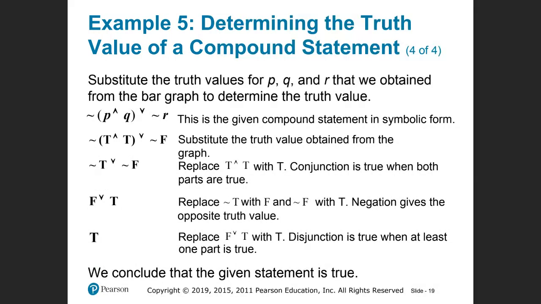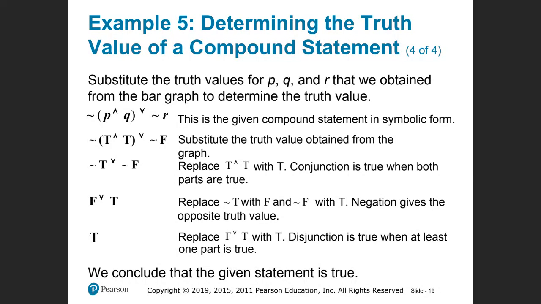We're going to substitute the truth values of P, Q, and R that we obtained from the bar graph to determine the truth value. So we have written the compound statement in symbolic form. Notice the parentheses. We're substituting the truth values obtained from the graph. So we found that P is true, Q is true, R is false. Okay, we look at the part in parentheses first. That's an and. If both parts of the and are true, then it's true.